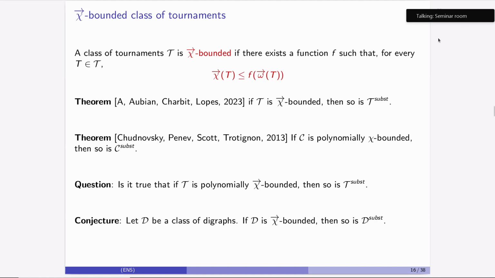And only for this question, it might be that it is true for classes of digraphs instead of tournaments, because we use the fundamental inequality to prove this, that we cannot use here, but we can see that there is some space, and this I could believe could be true. Okay, so that was the first result.